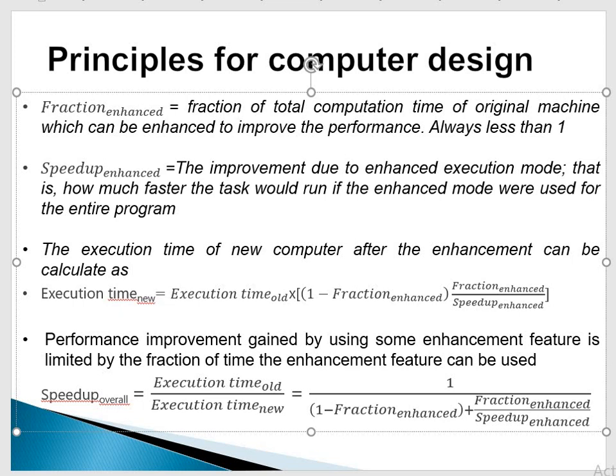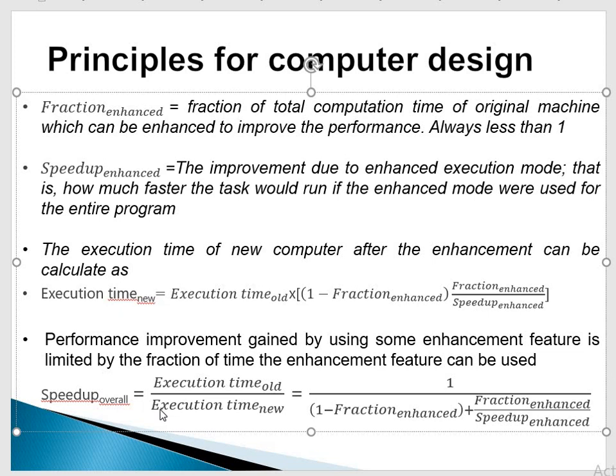So after knowing the execution time of the enhanced machine with reference to the fraction which we have already enhanced, we will be interested to know the impact on the overall speed of the machine due to whatsoever the enhancement we have done in the old machine. That particular parameter can be evaluated by using this equation, and it will be execution time old upon execution time new.